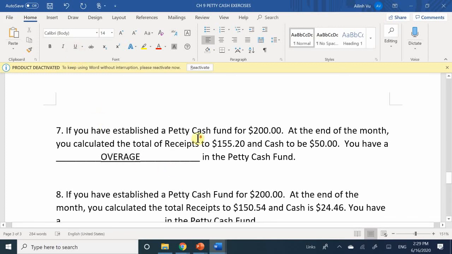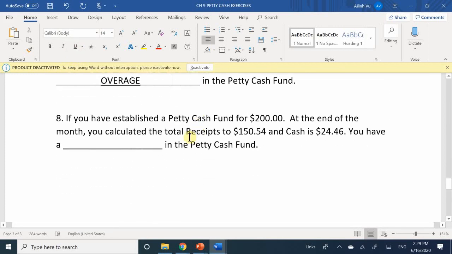Okay. Now number 8, if you have established a petty cash fund for $200 at the end of the month, you calculated the total receipts to be $150.54 and cash to be $24.46. So you have a blank.